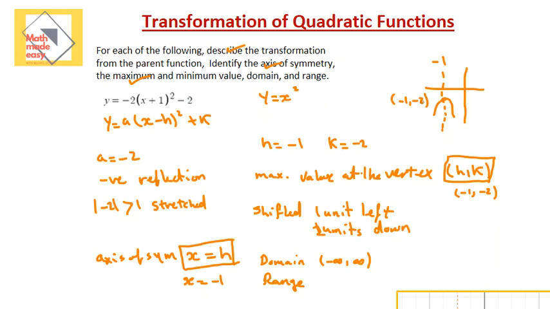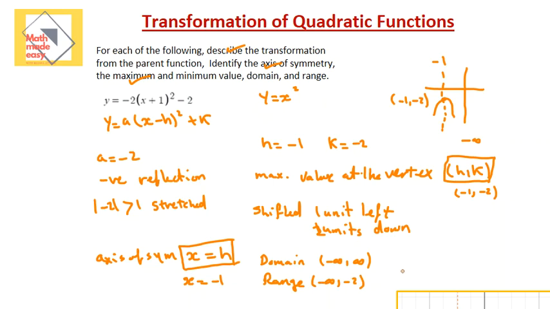So -2 here is the value of y. Remember, whenever we talk about the range, we're talking about values of y. We discussed that in our first video of this series. So I can tell without a doubt that this function's maximum value is -2. Its least value is -∞. So I can say that the range is from -∞ until -2.